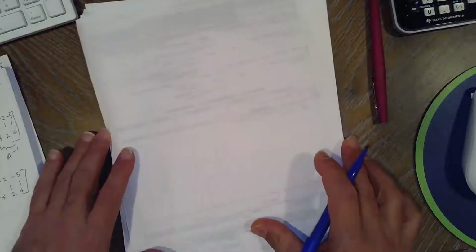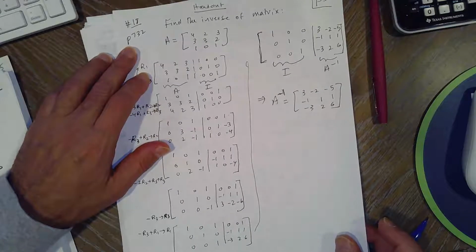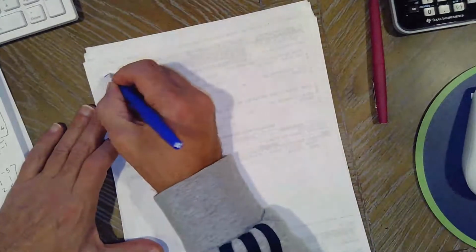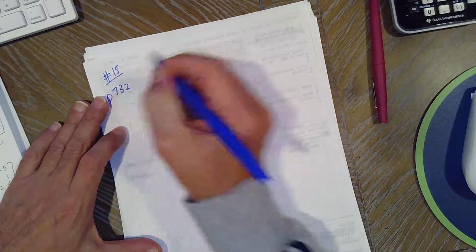So here's an example. I did some of it. Actually, it's done for you, number 18, page 732, but I'm going to redo it so you can understand it, so you have all the work in there. Number 18, page 732.